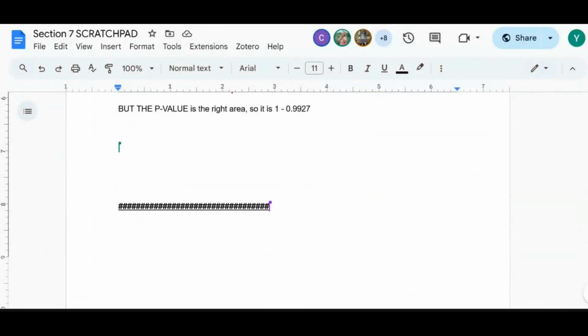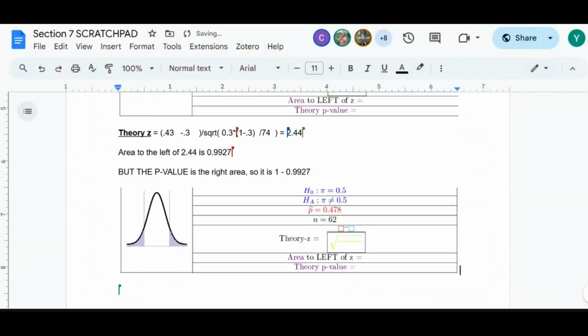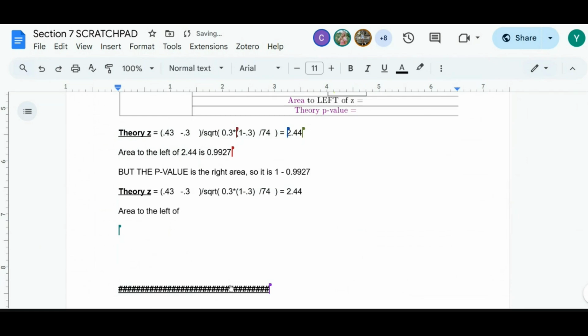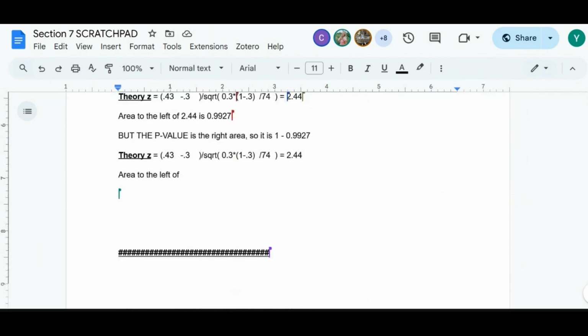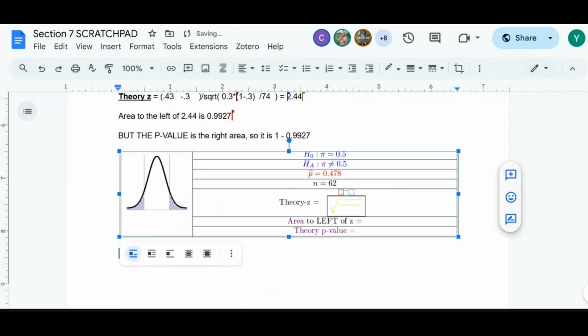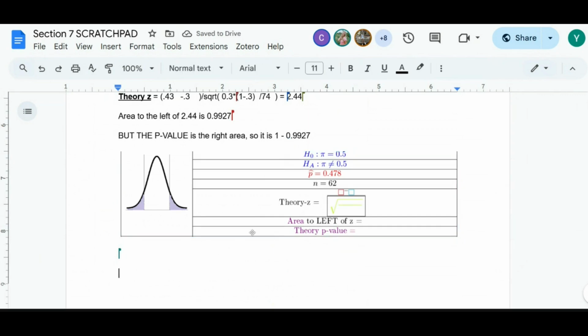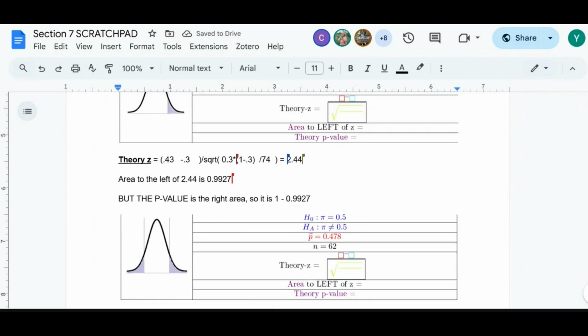Okay, so here we are. Okay, can you again calculate theory Z and answer area to the left of? Where did the picture go? Okay, let me do this again.